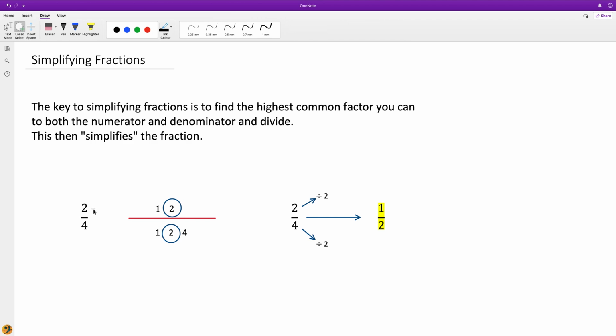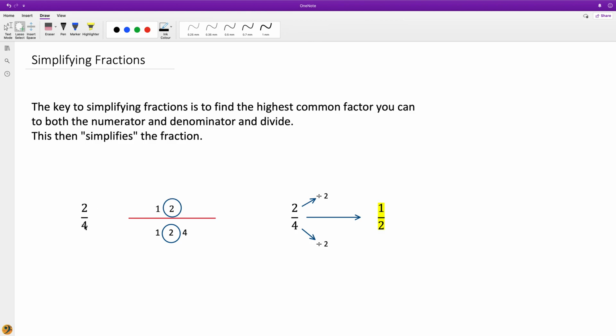Our first fraction here is 2/4. What we do is write out all the factors of each part of the fraction. The numerator, 2, has factors of 1 and 2, and factors are basically two numbers that multiply together to give you the number you start with, because 1 multiplied by 2 gives 2.